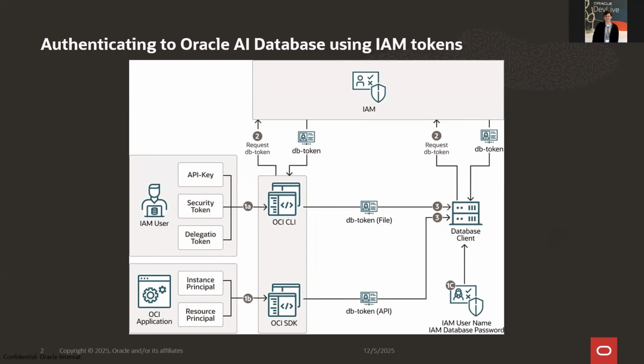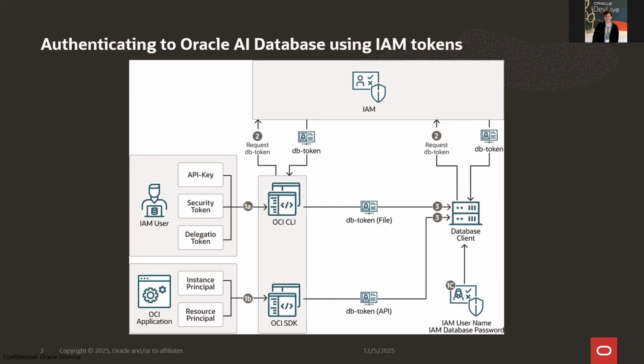All you would do is use the OCI CLI to generate a DB token from IAM. IAM would return that token. You would then use that token in whatever database client you use, and it would use that token to authenticate to the database, and it would map your user to a database user.